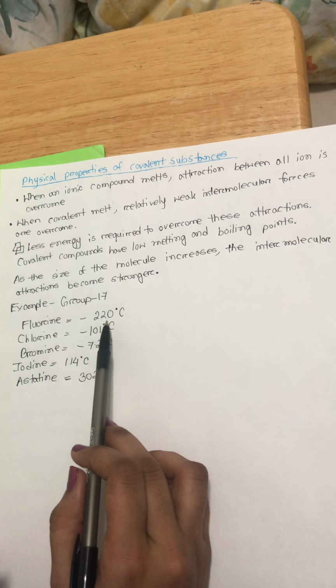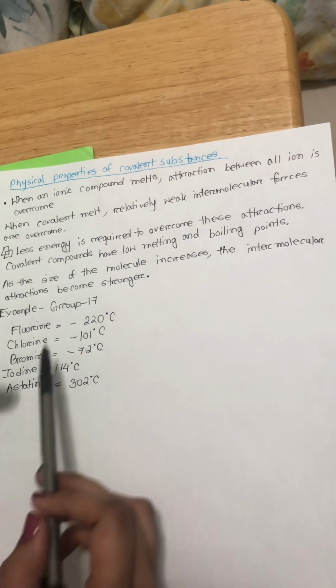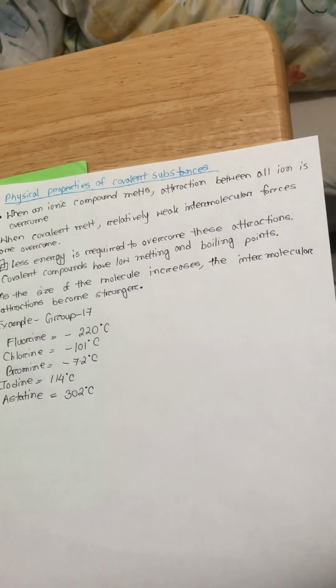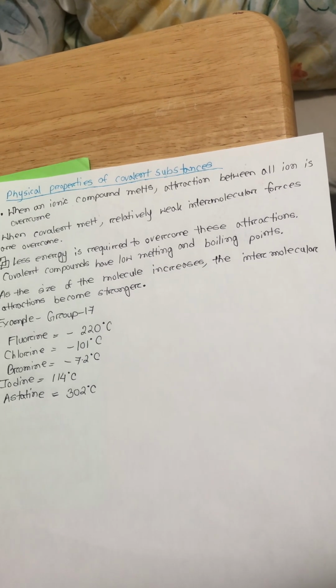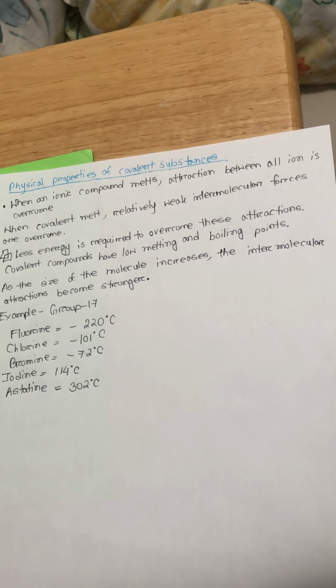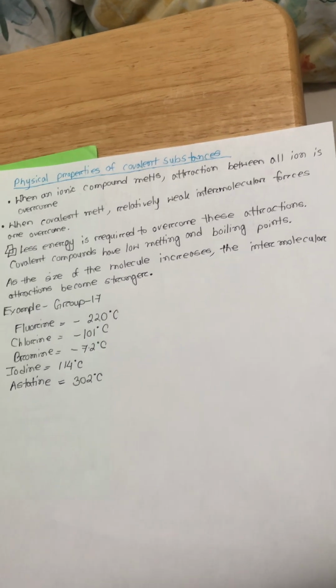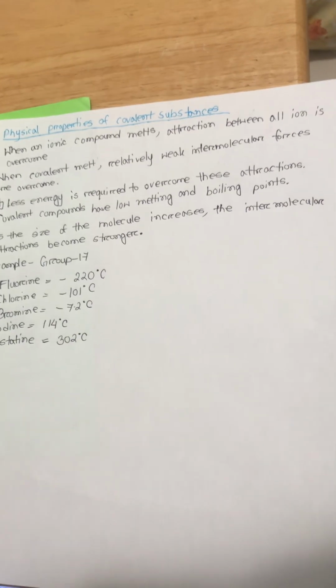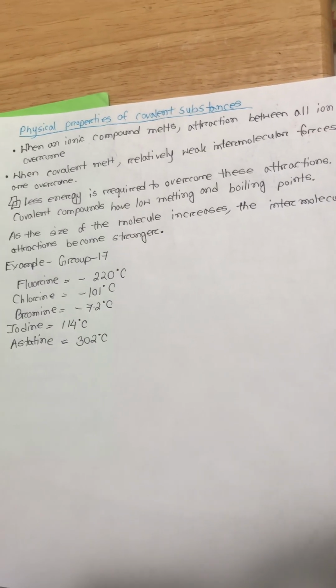Fluorine is negative 220 degrees Celsius. Chlorine becomes negative 101 degrees Celsius. When it comes to bromine, it becomes negative 7.2 degrees Celsius, iodine 114 degrees Celsius, and astatine 302 degrees Celsius. So the more we move from top to bottom in a group, the melting point gradually increases as the size of the molecule increases.